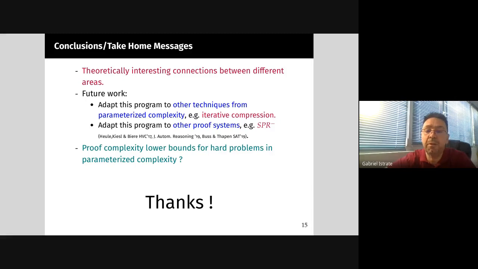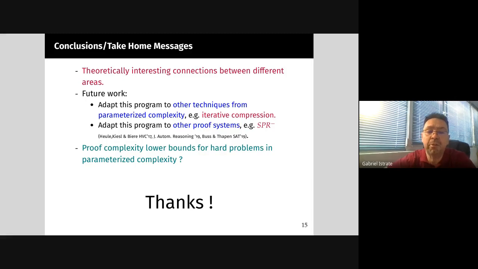So in particular, we're especially interested in a system called SPR-. So this is a kind of a proof system that came from the SAT solving literature, and it's a proof system with no new variables, and it has its challenges because you're not allowed to do things that you're doing in extended Frege. So the relevant work here is by Hoyle and others, and also by Buss and Thapen in SAT 2019.